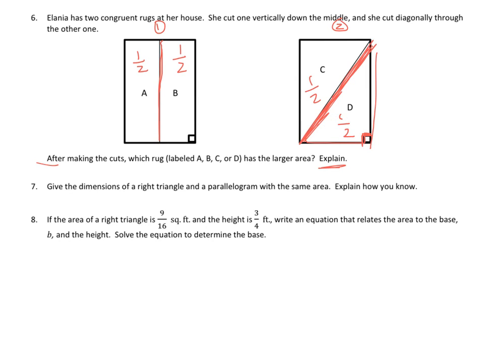So that's half. So from the labels, we can clearly see that A and B are the same size rugs, or 1 and 2 are the same size rugs to start. A and B are equivalent because they're each half. C and D are equivalent, so they're each half, meaning A, B, C, and D are all equal.